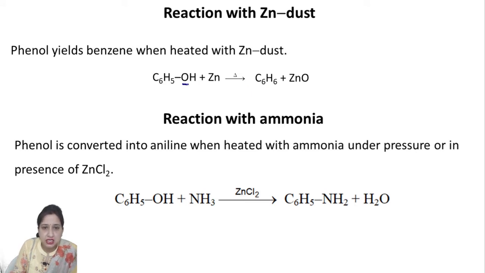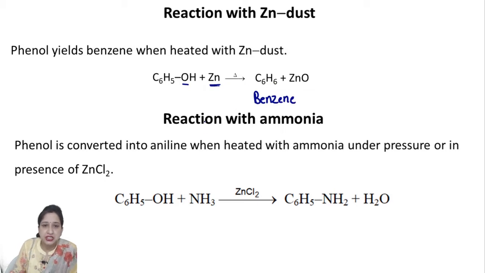Again oxygen is taken by zinc to form zinc oxide. Because the removal of oxygen is taking place, this reaction is known as reduction reaction of phenol, means phenol is yielding benzene as the main product. So this is the reaction of phenol with zinc.